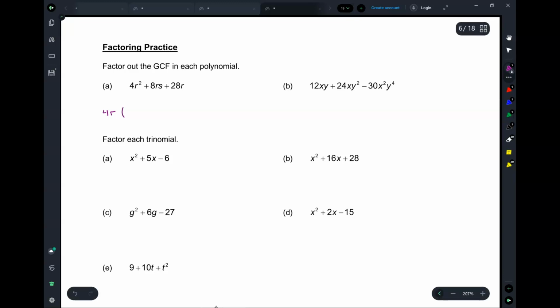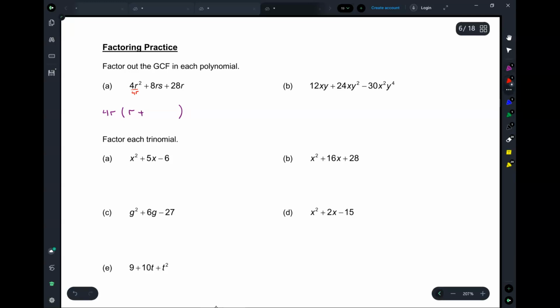When I factor it out, what remains goes in a parenthesis. Factoring out is the same as dividing. If I factor out a 4r, mentally I divide each term by 4r. 4 divided by 4 is 1, r.